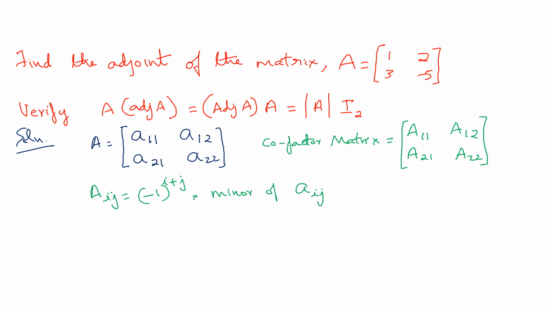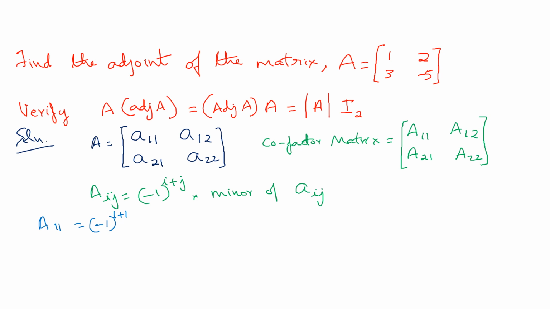First one is A11. A11 is minus 1 to the power 1 plus 1 into the minor of 1, the corresponding value there. Its minor is what remains other than that element when you avoid that row and that column.